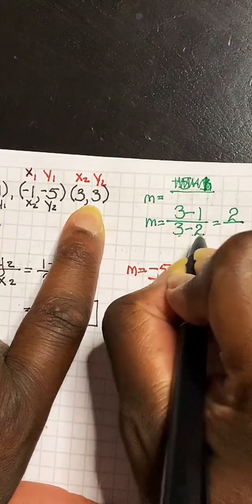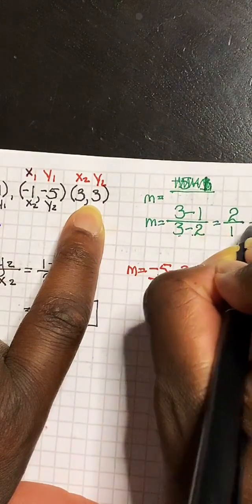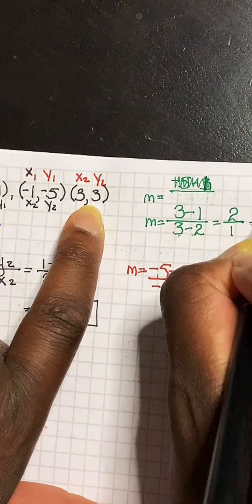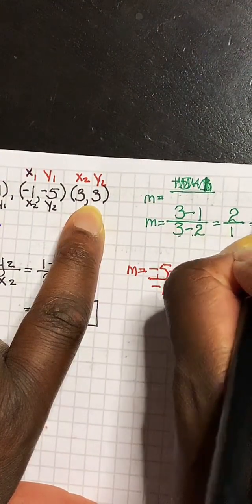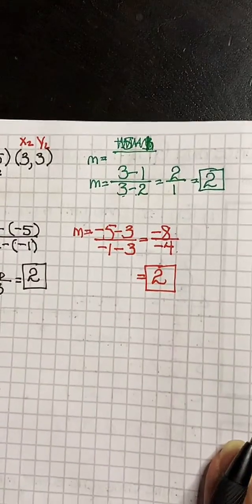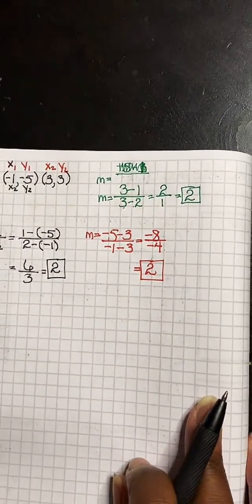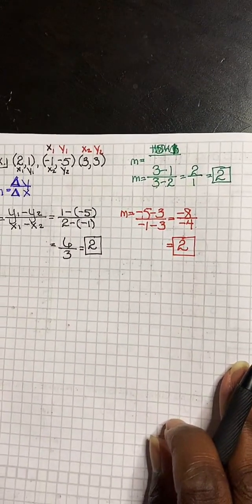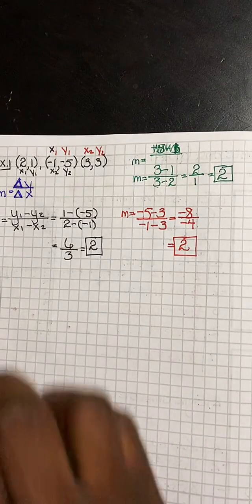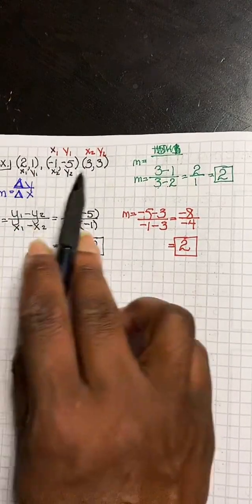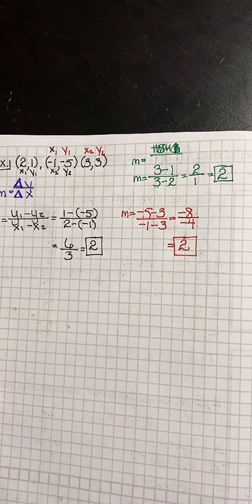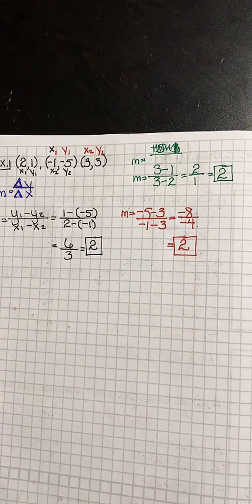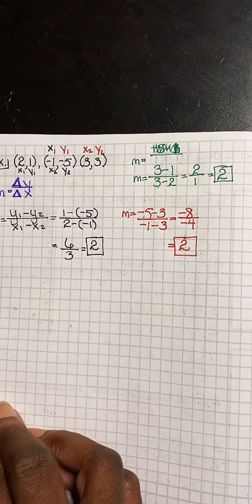And 3 minus 2 gives me 1, which also gives me a slope of 2. So the reason why I'm doing this is to show you it doesn't matter which 2 of the ordered pair combos you pick. You're going to get the same answer. Okay?